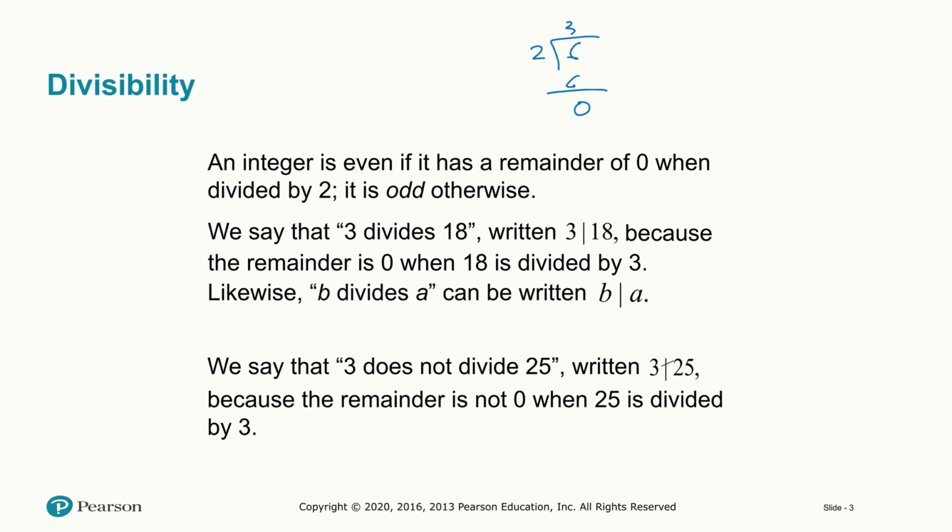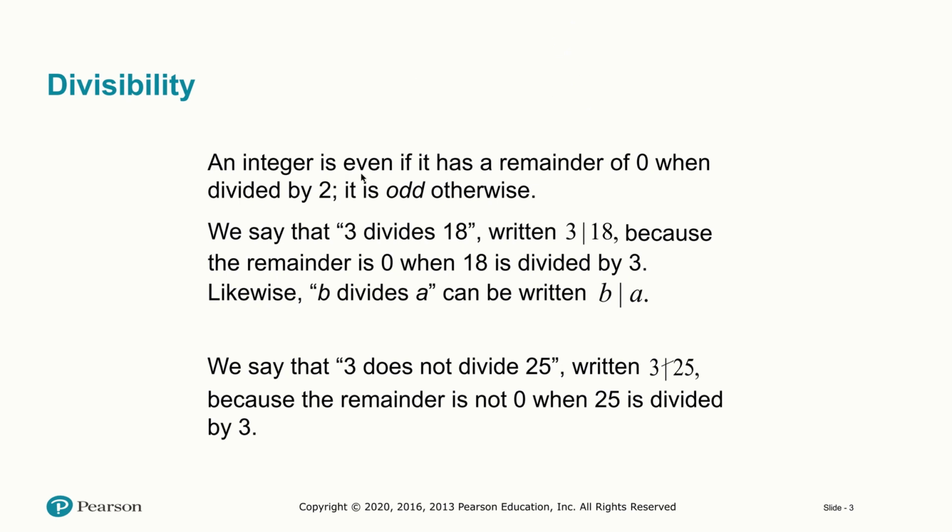So we say the number 6 is divisible by the number 2. Another way of saying that is that 2 goes into 6. Both mean that when 6 is divided by 2, the remainder is 0.